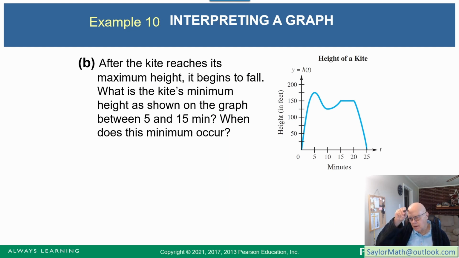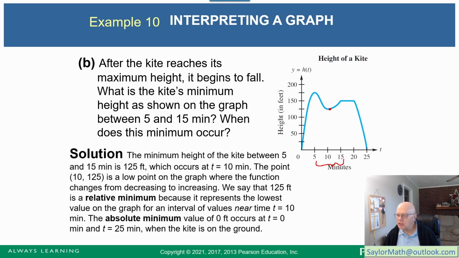Next, after it reaches the maximum height, it starts falling. What's the minimum height on the graph between 5 and 15? So we're interested in 5 to 15. We don't care about beyond or previous to that. Where's the minimum? The minimum is right there.